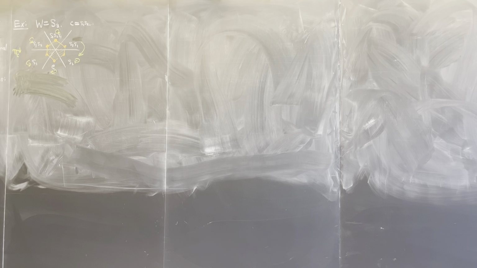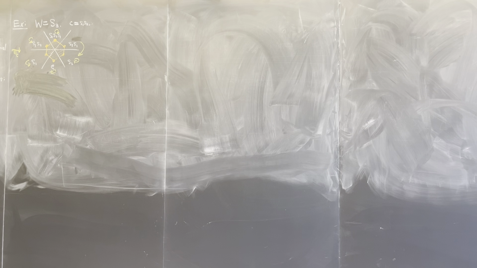So let me draw this picture again, but I'm going to glue. Yeah, so maybe what I'll say is in Sn, let's glue equivalent regions of the braid arrangement.